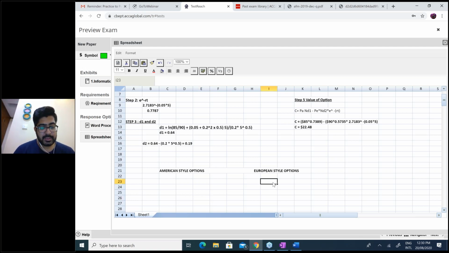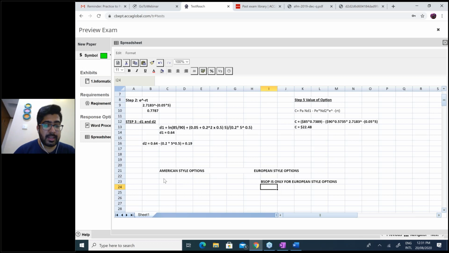BSOP model, this Black-Scholes option pricing theory, this BSOP model is only for European style options. Okay. BSOP can't handle American style options, which have an expiry date of 30th Jan and can be exercised anytime.